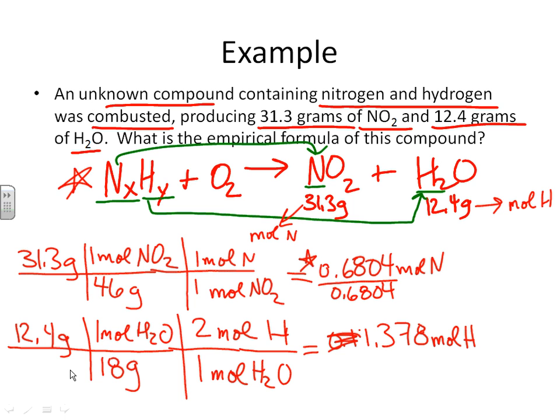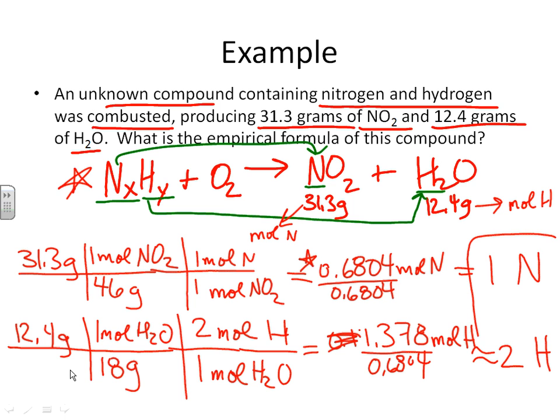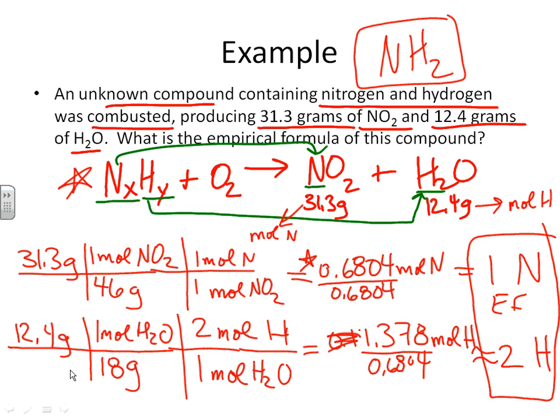That's how we get ratios. 0.6804 divided by 0.6804, for the nitrogen, works out to 1 N. And for the hydrogen, I think you get 2.02 something. It's approximately 2 for the hydrogen. And this right here is going to be our ratio, our empirical formula: 1 nitrogen, 2 hydrogens, it's NH2. That would be the empirical formula for this compound that we combusted.